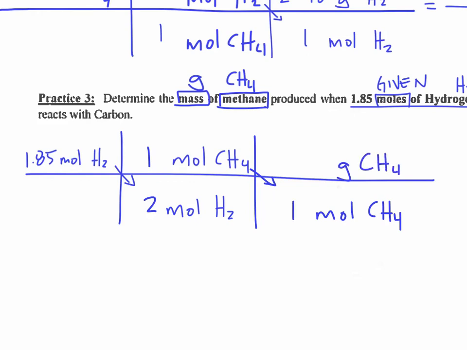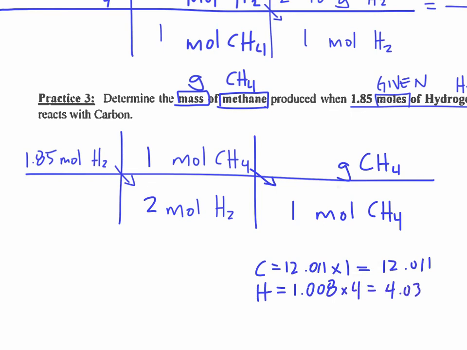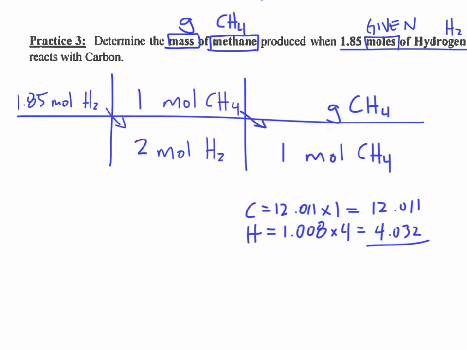So in 1 mole of CH4, now you have to figure out the mass of CH4. Carbon is 12.011, and there's only 1 carbon, so that's 12.011. Hydrogen is 1.008, and there are 4 hydrogens, which gives me 4.032. When I add those two together, I get 16.043. So that is the molar mass of 1 mole of methane.